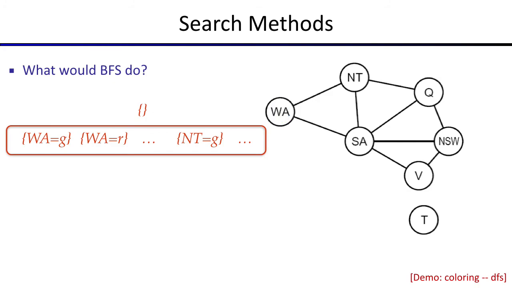Undo that. Let's go red at Northern Territories. And on and on. So what's going to happen is it's going to try every single coloring of one variable, and then every single coloring of two variables, then three, on and on. It's not going to ever even try to color all of the variables until it's expanded the entire search tree.